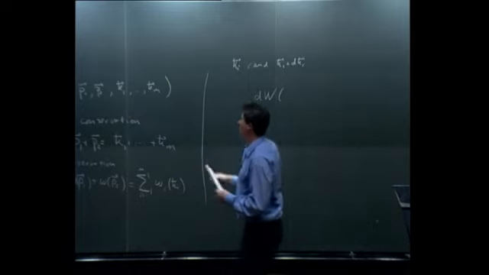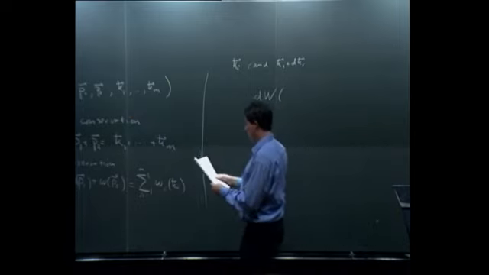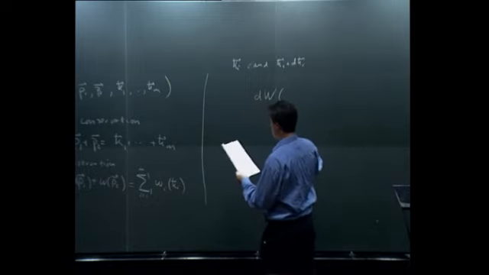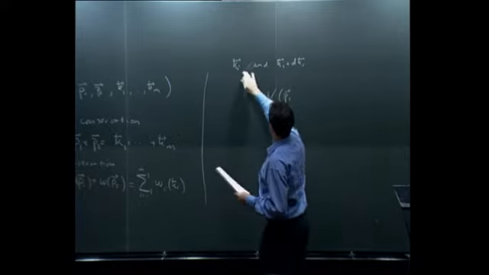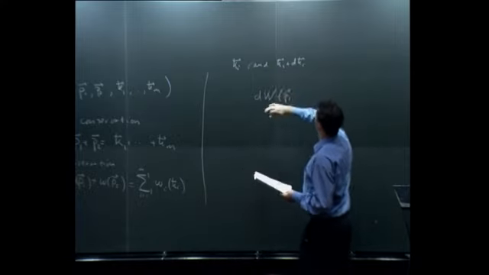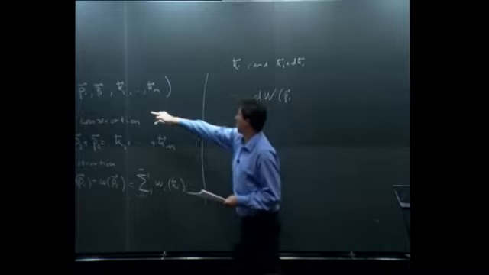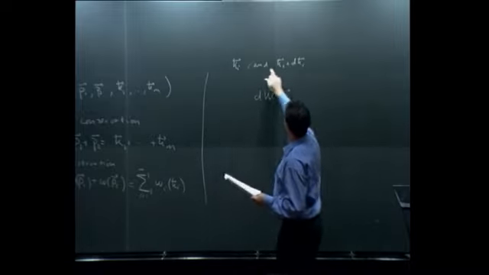So what I'm going to write down is the transition probability that we get in the final state m particles with momentum k_i in between k_i and k_i plus dk_i.